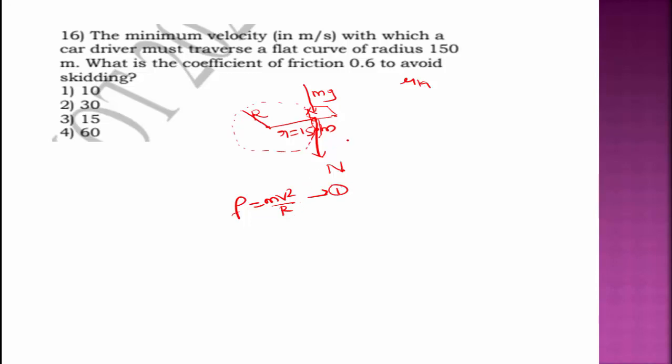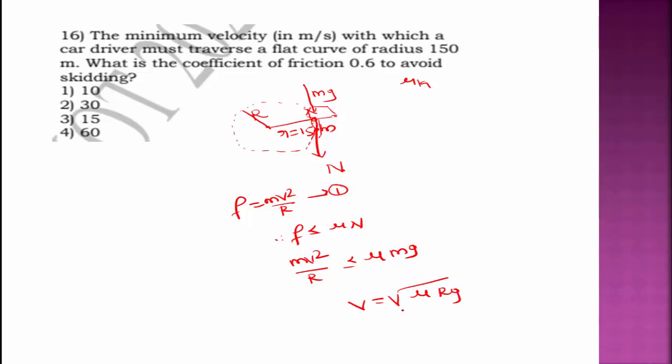If the car does not skid, then the friction should be static in nature. Therefore, the force is less than or equal to mu into N. Then the centripetal force mv square divided by r is less than or equal to mu into normal reaction, that is mg. Therefore, V is equal to root of mu into r into g.